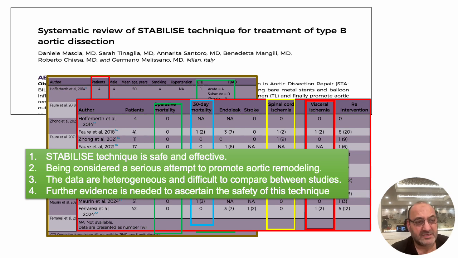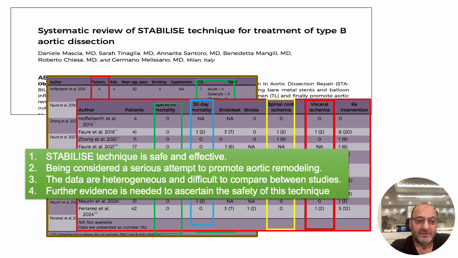They concluded basically it's being considered a serious attempt to promote aortic remodeling. And again, that's one camp. The other camp, when you talk to Dr. Lombardi, he's telling you there's freedom from aortic-related mortality in 97% of the patients.